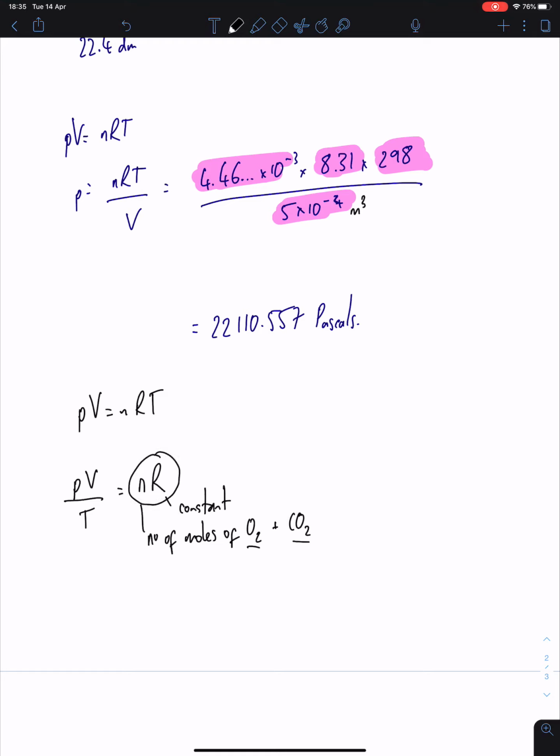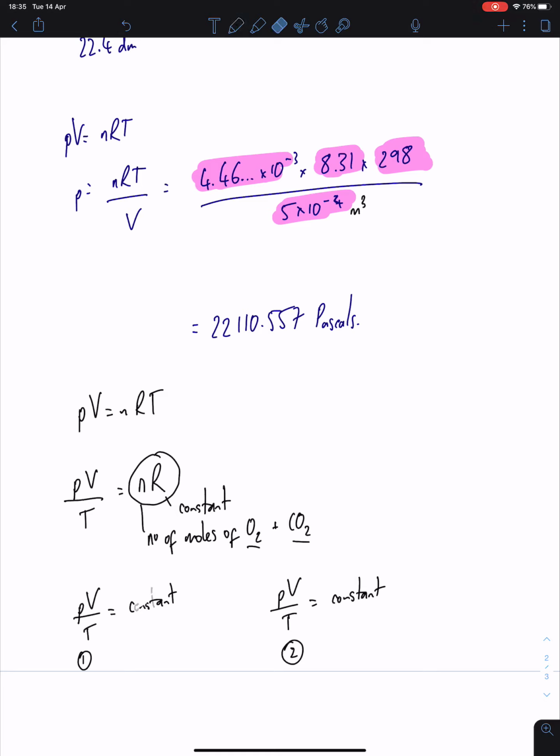Okay, so what they're saying is, before the carbon dioxide and oxygen go into the container in situation number one, PV divided by T is going to equal a constant. And in situation number two, in this container, because the number of moles hasn't changed, pressure times volume divided by temperature is also going to equal that same constant.